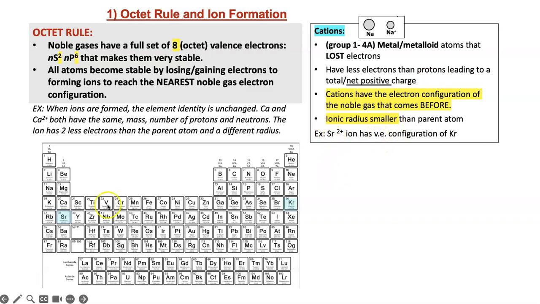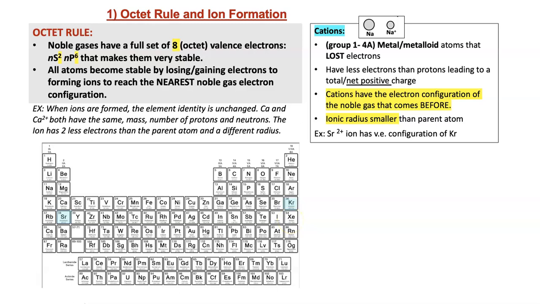So for example, here is strontium, and strontium assumes the nearest noble gas, which is krypton. So think about it. If strontium wants to become like xenon, it has to gain 1, 2, 3, 4, 5, 6, 7, 8, 9, 10, 11, 12, 13, 14, 15, and 16 electrons.